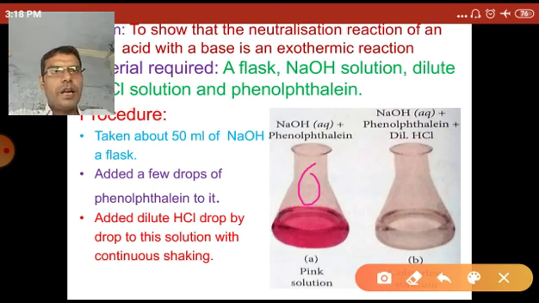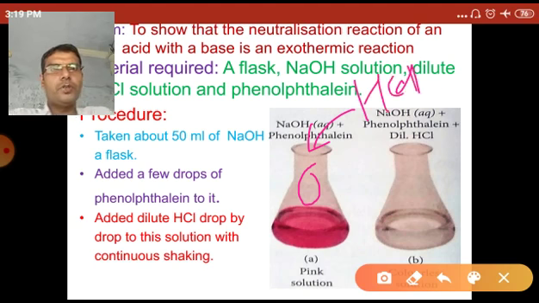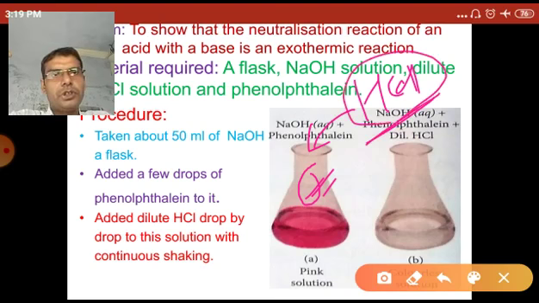Then add dilute hydrochloric acid solution to the flask containing the sodium hydroxide and phenolphthalein, adding it drop by drop and continuously shaking the solution.